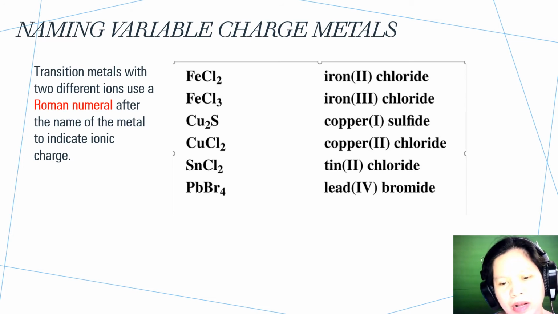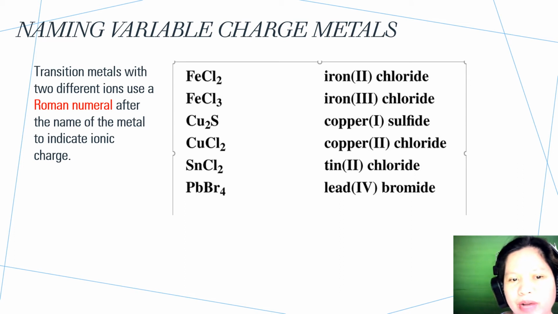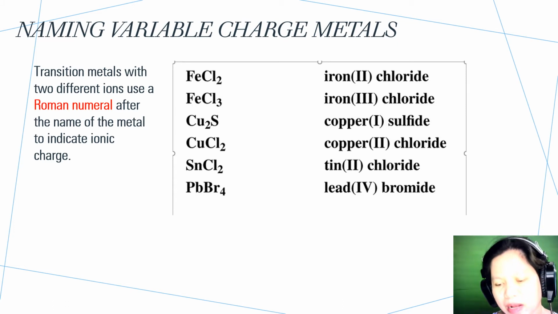You have iron 2 chloride, iron 3 chloride, then you have copper 1 sulfide, copper 2 chloride, tin 2 chloride, and lead 4 bromide. So, alam natin yung mga charges. So, pag nakikita mong ganyan, mapapansin mo naman yan pag ang first element mo ay kung transition metal siya.